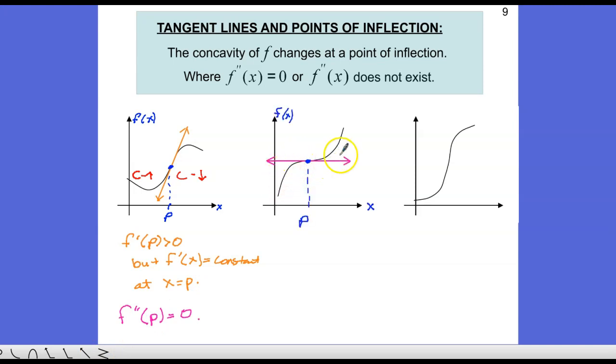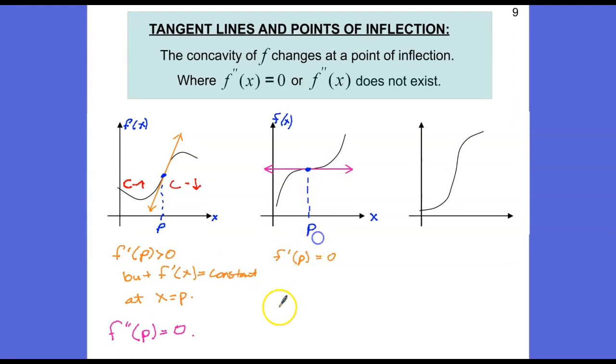Now in our next graph of f of x, we have a horizontal tangent line at x equals P. So in this case, that means that f prime of P is equal to 0. And the derivative of 0 is also 0.